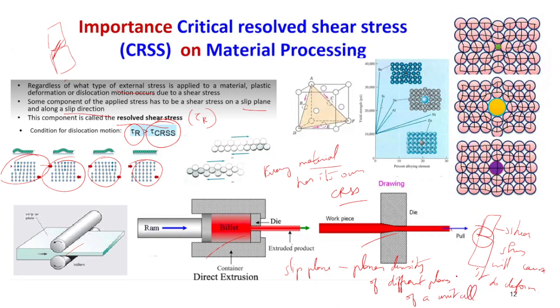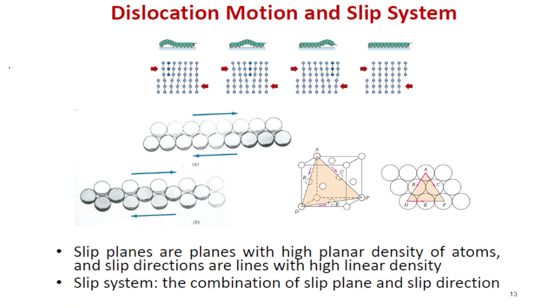Say for example, in the previous class we discussed BCC. We solved BCC for the 100 plane and the 110 plane. When we tried the 100 plane, the result was like a square, and we had one atom.